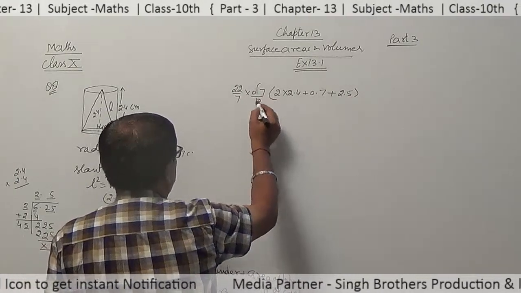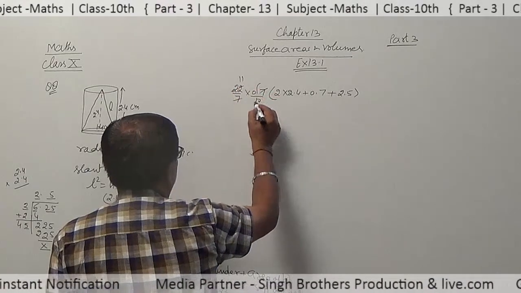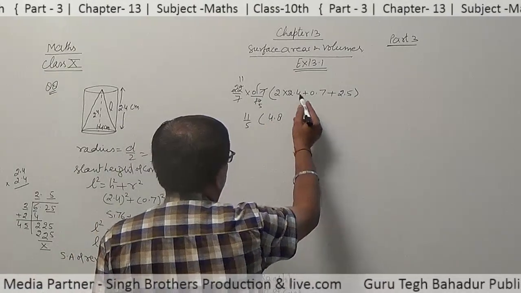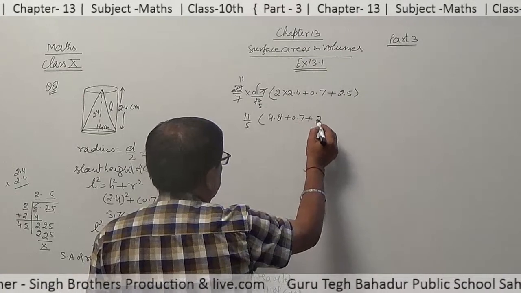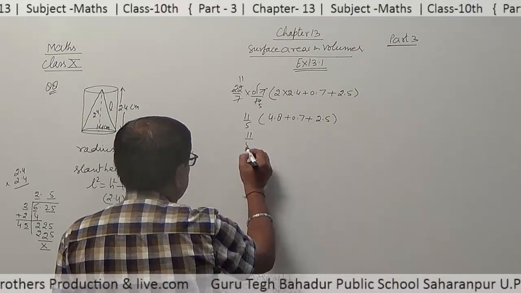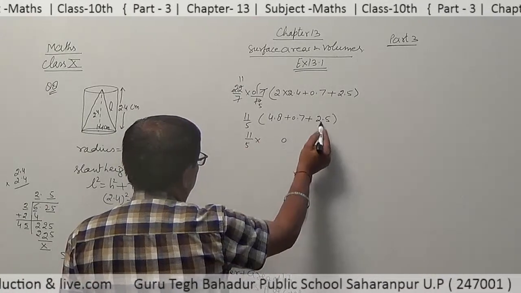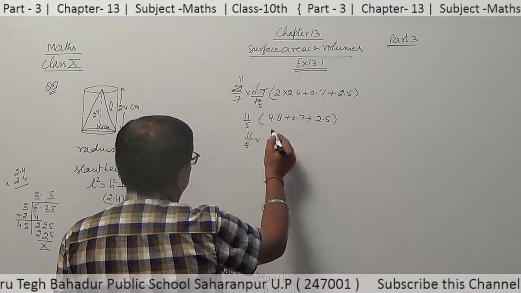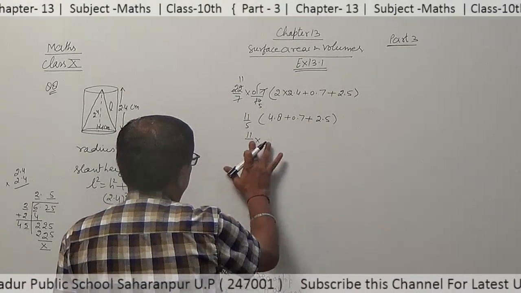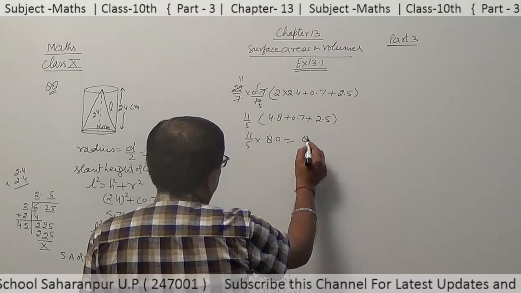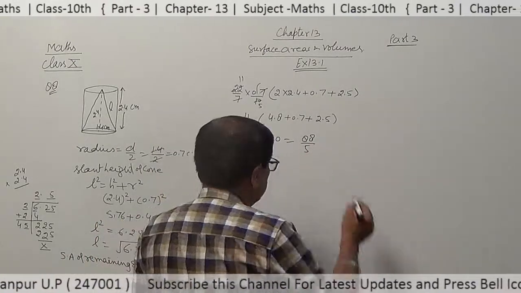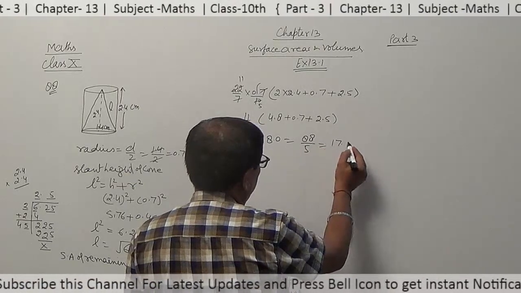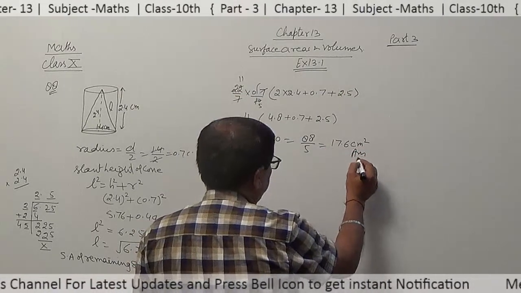Remove this decimal, 7 and 7 cancel, 11 upon 5, 4.8 plus 0.7 plus 2.5, that is 8. 11 into 8 is 88 upon 5, that is 17.6 centimeter square.